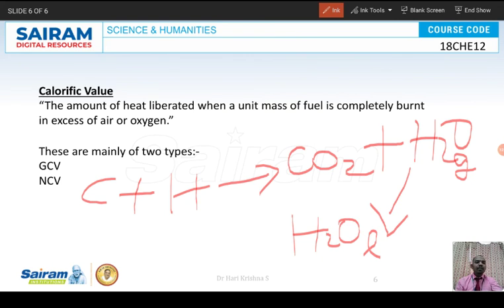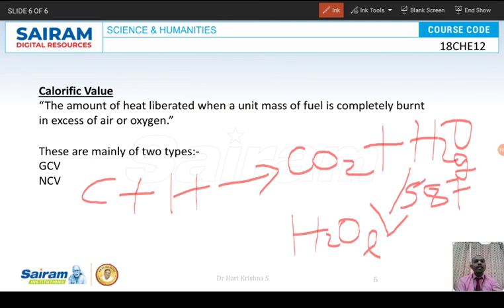So to convert 1 gram of water vapor to 1 gram of liquid, it liberates 587 calories of heat. How much? 587 calories of heat. So that heat is also considered here. Therefore, GCV is defined as the amount of heat liberated when a unit mass of fuel is completely burnt in excess of air or oxygen and the products of combustion are cooled. What are those products?